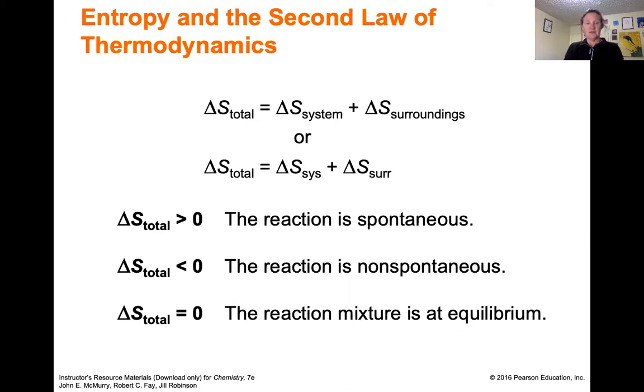So if that sum is positive. If it goes down, it's non-spontaneous. The process won't happen on its own. You'd have to force it with some work, or the backwards reaction is spontaneous. If in the process of your system changing, delta S total is 0, then the reaction's at equilibrium, and it will be reacting forward and backwards in equal amounts.